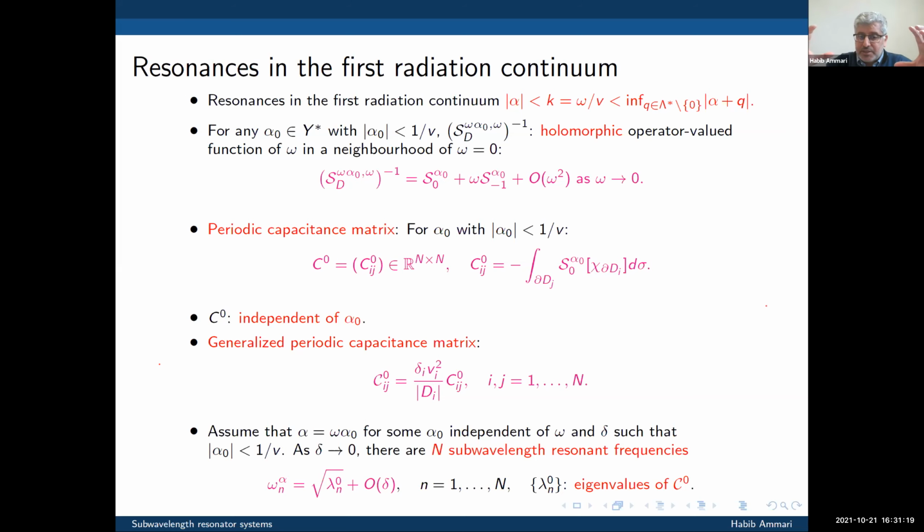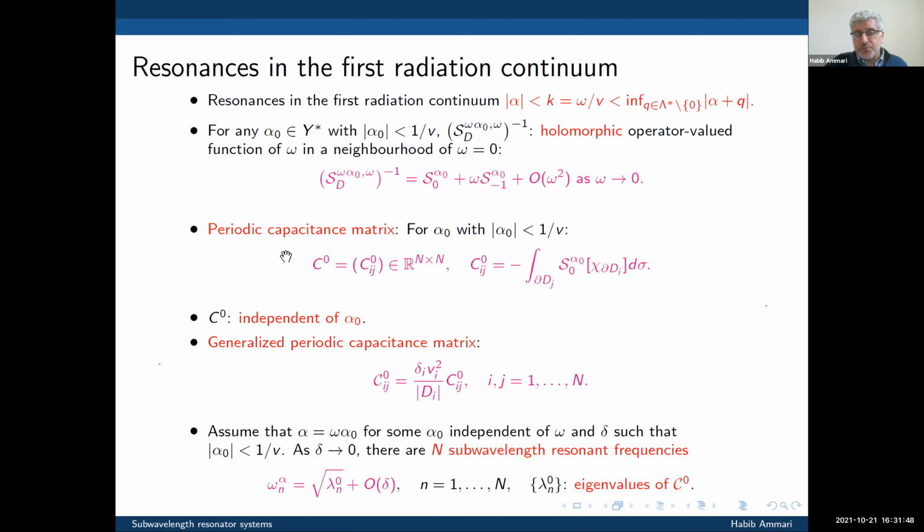Because this quasi-periodic capacitance matrix is exactly the discrete approximation we want. Near 0, we should take the limit not when alpha goes to 0, but when omega, we fix alpha 0 and take the limit when omega goes to 0 of the single layer potential of omega alpha 0 omega. It turns out the inverse of this is holomorphic. It has this expansion here.